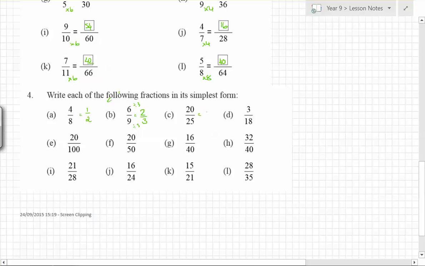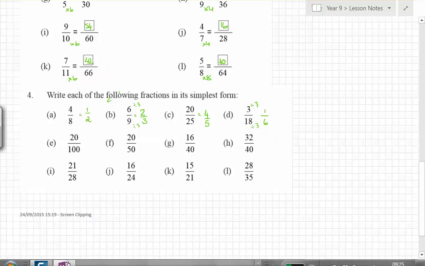So you divide by 5. So it's 4/5. Okay. Last one, Jonah. It's got to be divided by 3. So it's 1/6. Yay. Cool. Congratulations.